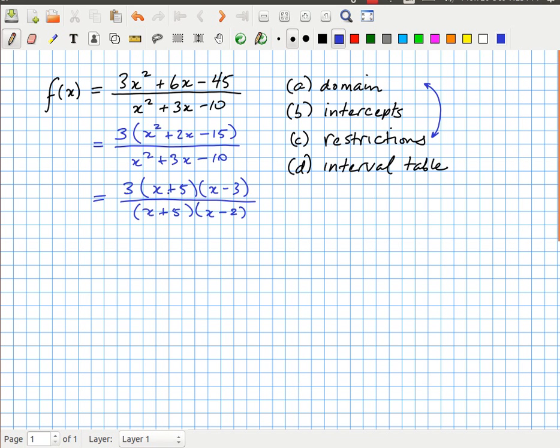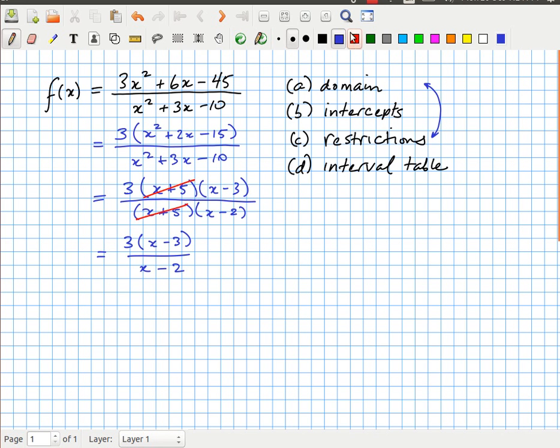And you can see why I chose this problem in particular, what I was hoping to have happen. We've got a common factor of x plus 5 in the numerator, x plus 5 in the denominator. Those are going to divide out, and that's going to give me the result of 3 times x minus 3 all over x minus 2.